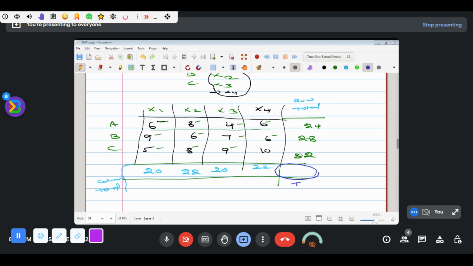How much? Add these 3 values. Total 168, sir.